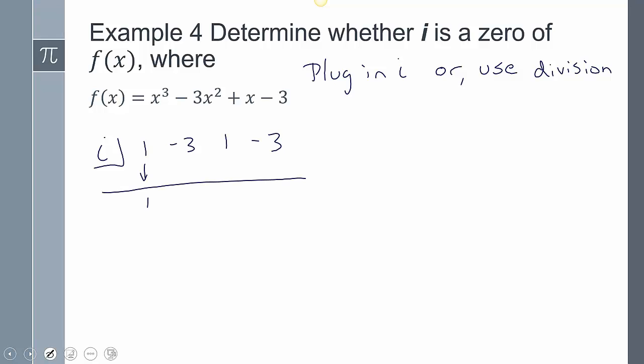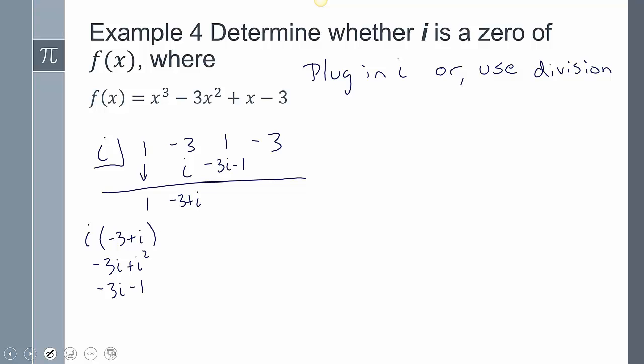Bring down the 1, multiply. So 1 times i is i. Now I'm going to add, so I get -3 plus i. Now I'm going to multiply that through again, but I'll do that off to the side just to make things a little more visual. So you get -3i plus i squared, which is -3i minus 1. So I get -3i minus 1.